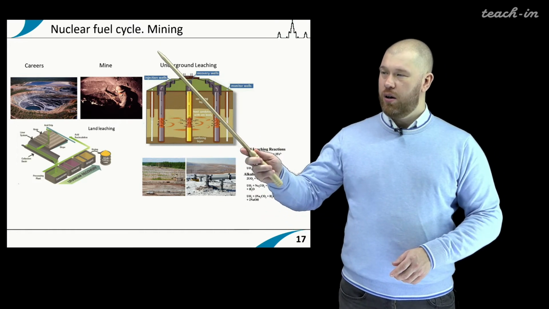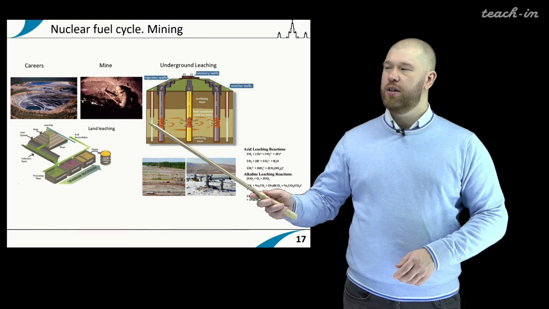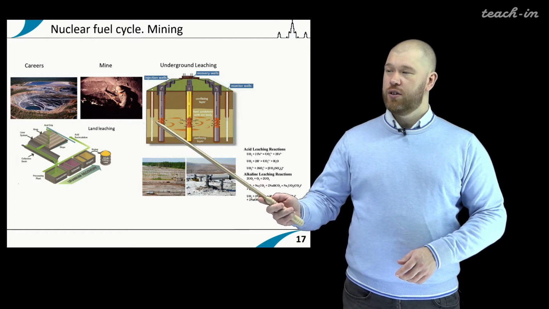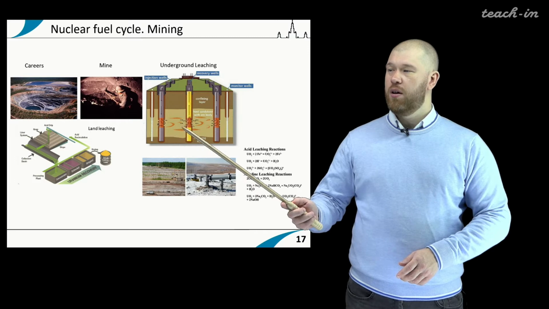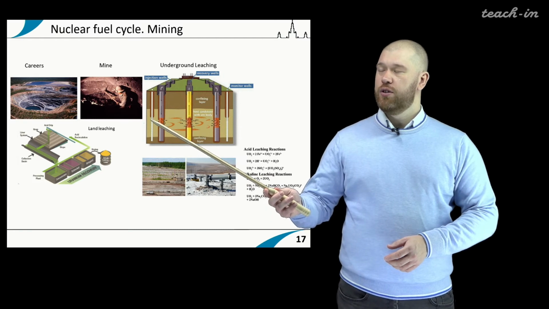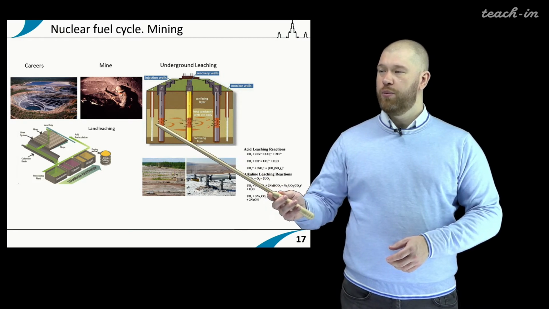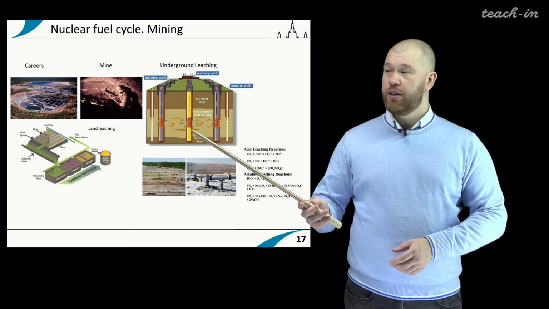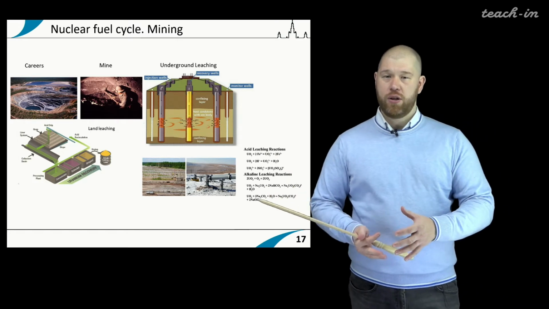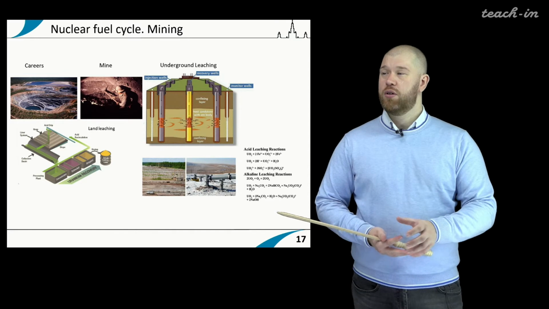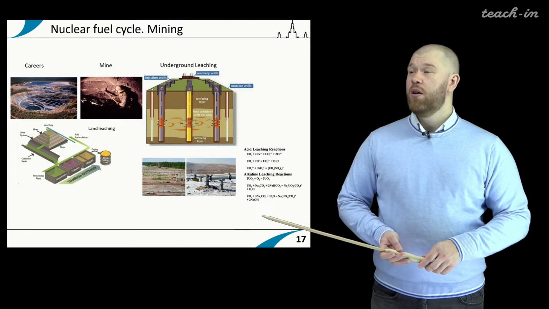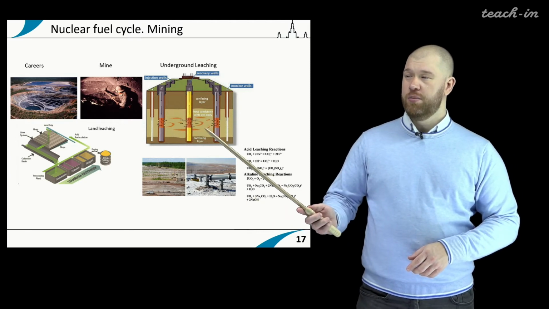So we pump in the solution, for example, of sulfuric acid that is going through the ore, and it dissolves uranium from the ore, and then this solution containing uranium is going out to the plant where the uranium is extracted from the aqueous solution to organic solution, and then back extracted to produce pure uranium. So it is quite a simple scheme.